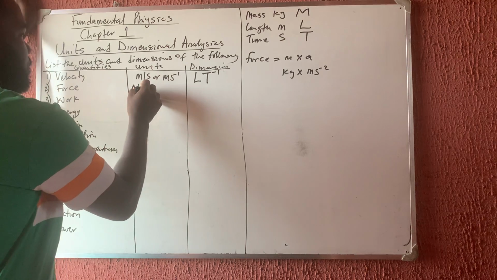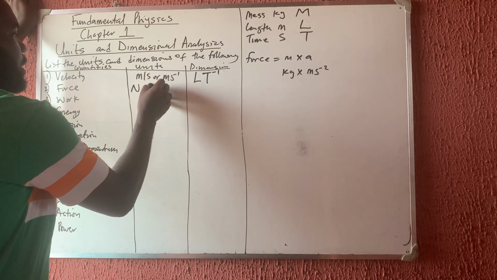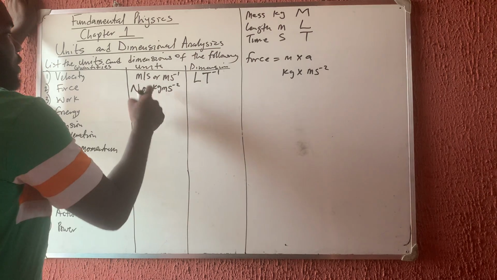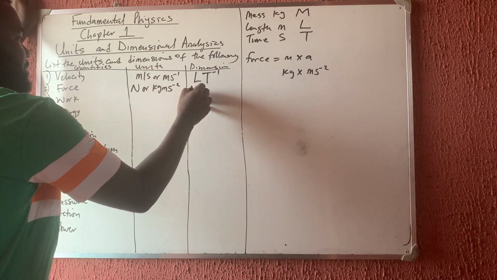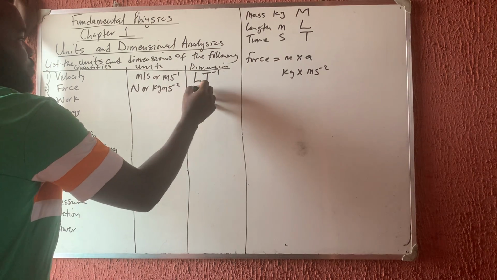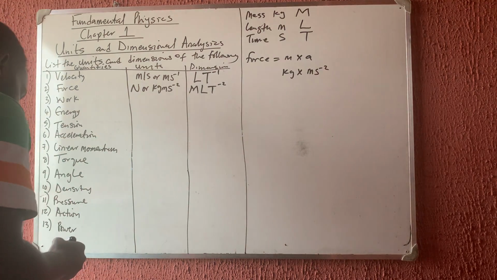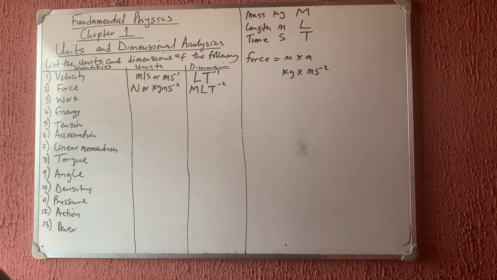So force is measured in kilogram meter per second square. Kilogram is mass, then meter is your length, then per second square. So that is the dimension for force. It's very, very simple. So we move to the next one.